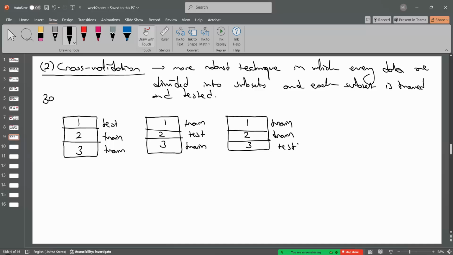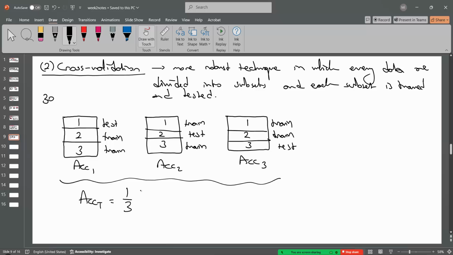But how can we calculate the accuracy value of our algorithm? We calculate each accuracy value for a given train and test dataset, and the total accuracy value is the mean of these three accuracy values.